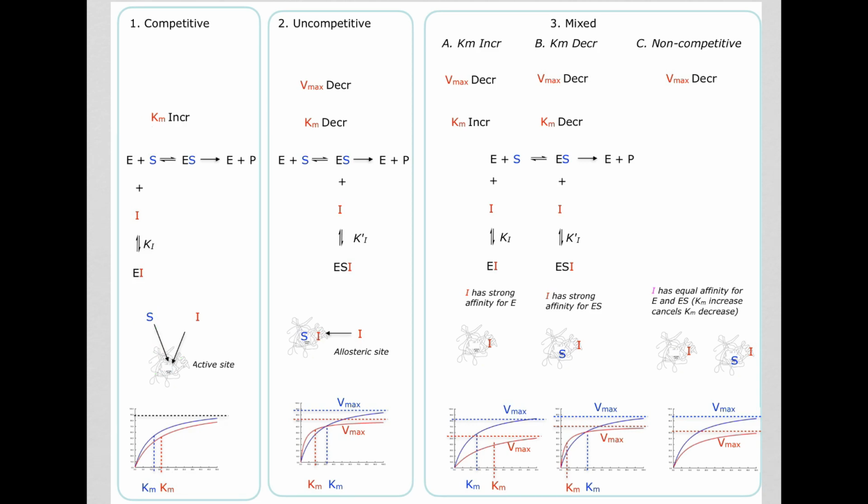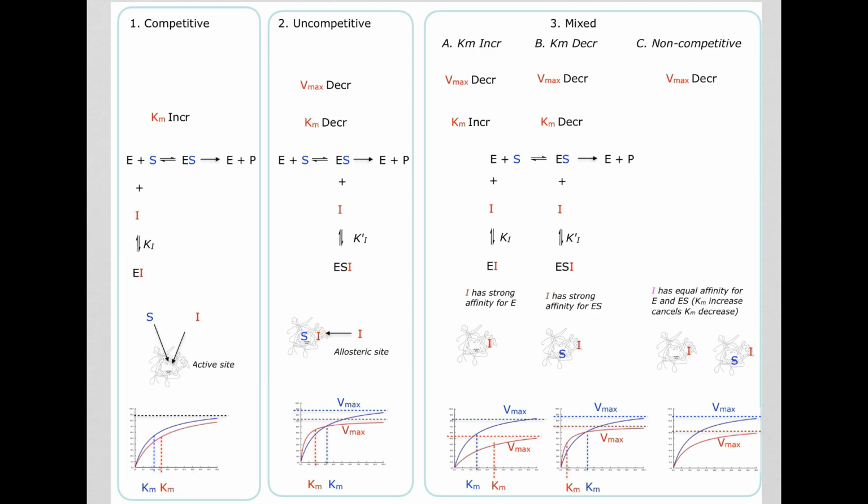In uncompetitive inhibition, the inhibitor binds only the enzyme substrate complex. So the inhibitor will bind at the allosteric site of the enzyme substrate complex. When the inhibitor is bound to the enzyme substrate complex, to give you the ESI, product formation is inhibited, and therefore the Vmax is going to be decreased.